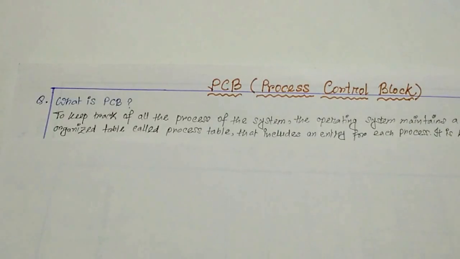Some of the important fields stored in a PCB are as follows: process ID, process state, parent process ID, child process ID, program counter, event information, memory management information, CPU registers, CPU scheduling information, and I/O status.